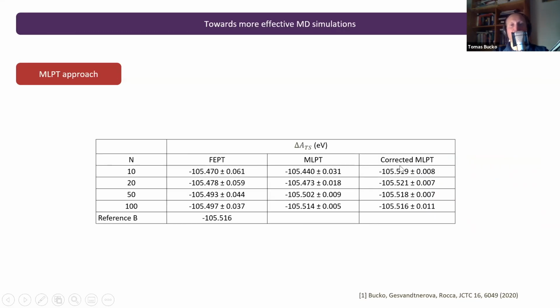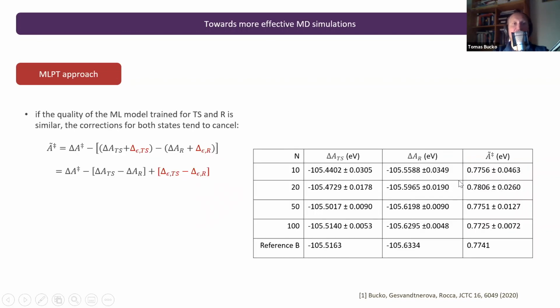Such correction works surprisingly well also for much smaller training sets. Here, this is the size of the training set we used in machine learning. This is the reference value, and you see that already for the smallest training sets, we got a quite accurate result with relatively small uncertainty.